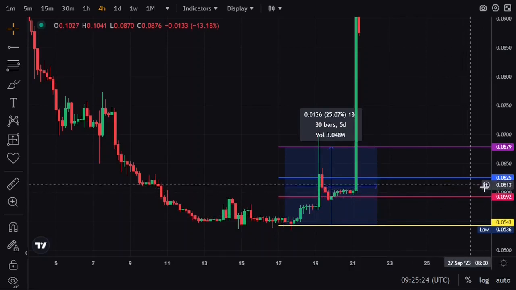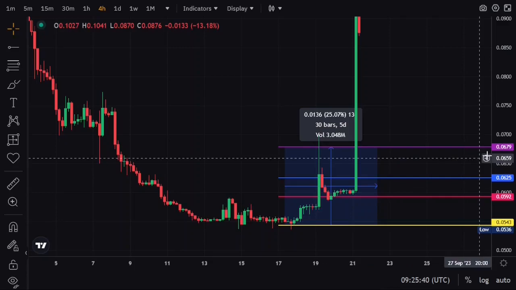And my entry price it's at 0.0625 cents. And my safety price it's at 0.0679 cents.